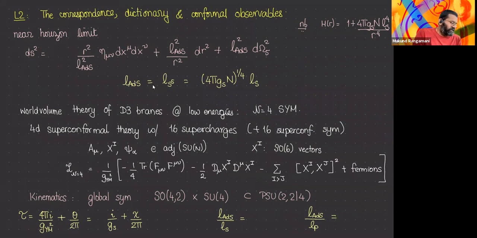Okay, so let's look at the near horizon limit of the D3 branes. I remind you that the metric of the D3 brane had this function. So the D3 brane sits in 3+1 dimensions. It has a transverse 6 dimensions, and the solution preserves these symmetries.